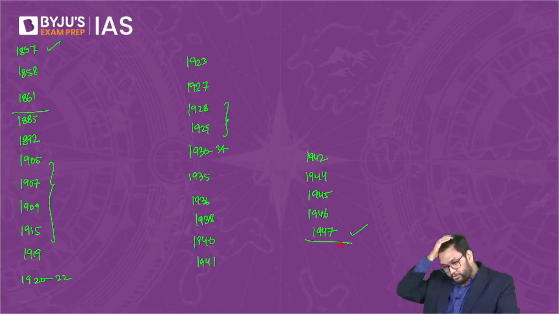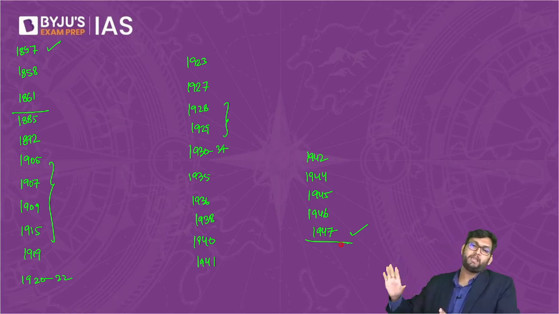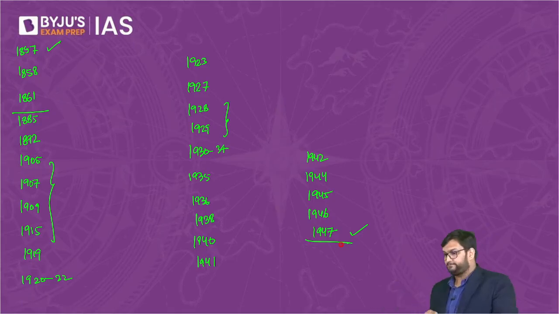So before you leave for today, I hope that everything till this point makes sense, and you have now created a certain image in your mind about the way the British expanded. Now we'll start the process of taking the British out of India.